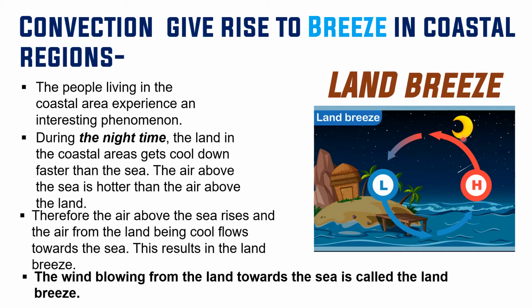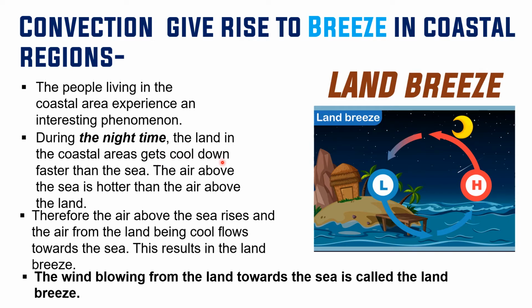So the land breeze always happens at night time, but the sea breeze happens in the daytime. That is the difference. Sea breeze in daytime and land breeze at night time. During the night time, the land in the coastal areas gets cooled down faster.